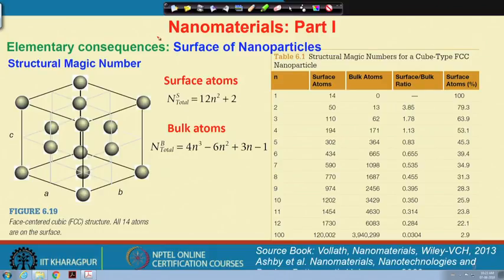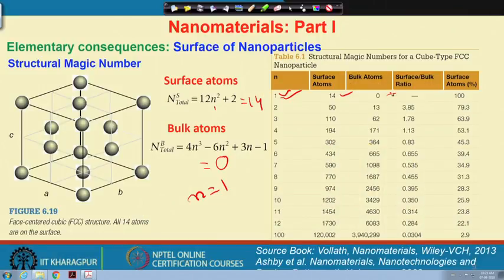And then the unique thing here is that if I consider a single unit cell to be a single nanoparticle, then I have n equal to 1. So, I will have basically 14 surface atoms and the bulk atoms will be 0, which is very clear. Small n equal to 1 means 1 unit cell representing 1 particle.